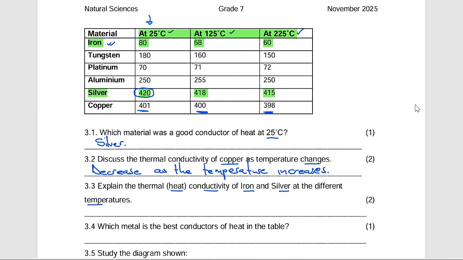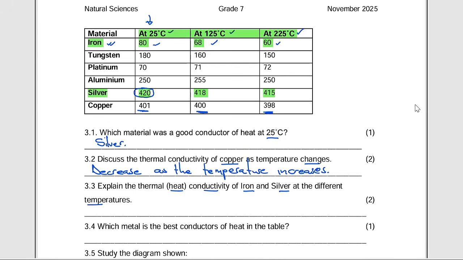So now I'm going to say here at different temperatures, what actually happens is that the thermal conductivity of the two metals decreases as temperature increases, right? You can see at 25 it was 80, then at 125 is now 68, and then at 225 is 60. So there is a decrease there. Their conductivity decreases. Same applies with one for silver, which was 420, now it's 418, then 415 there.